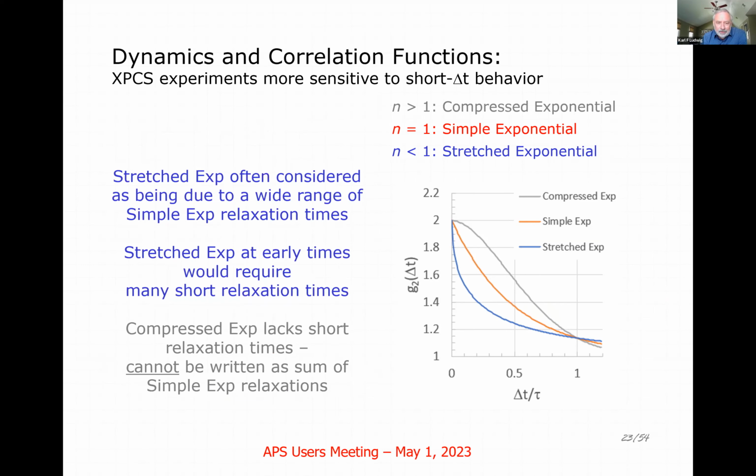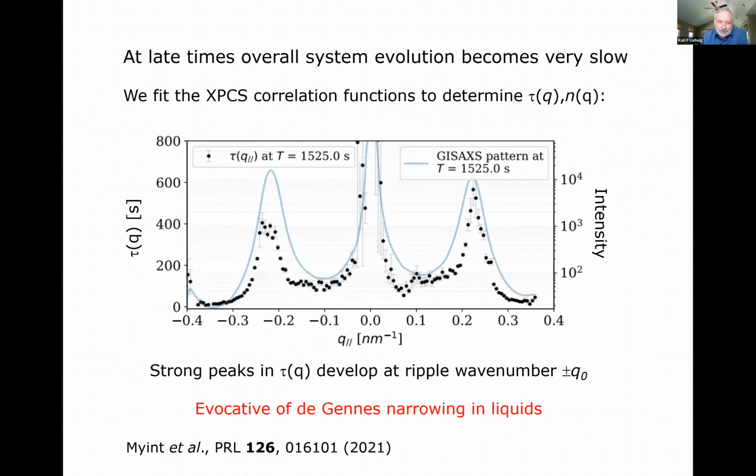And so this compressed exponential comes in with a zero slope. It's telling you that you do not have short relaxation times. And while a stretched exponential can be written as the sum of many relaxation times, that's not possible with the compressed exponential.